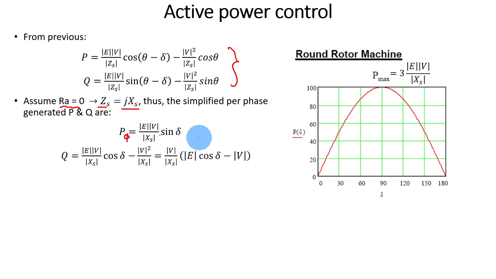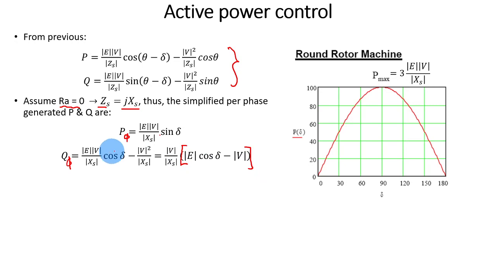So how about for Q? For the per phase reactive power, you can simplify it as follows. It is equal to E times V divided by Xs multiplied by cosine delta, minus V squared divided by the synchronous reactance. You can take these two parameters out and simplify it this way.